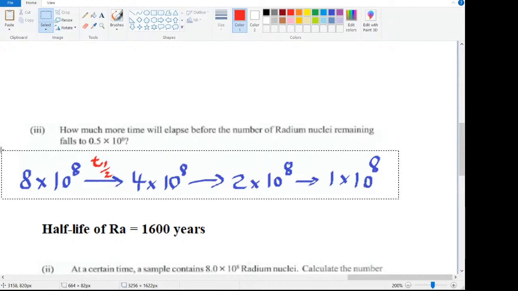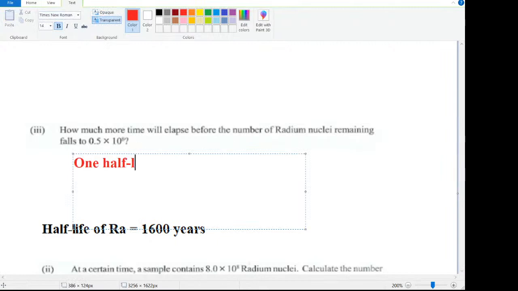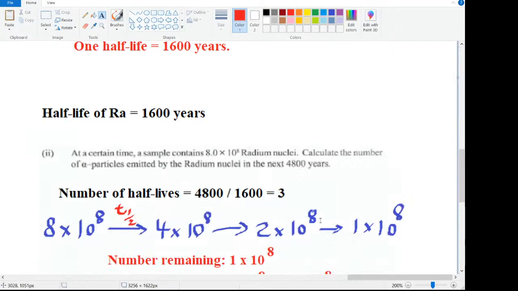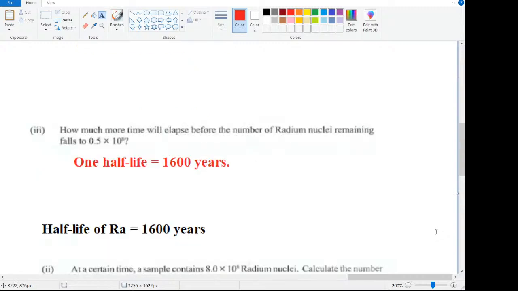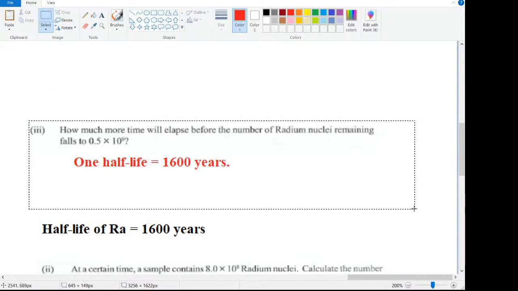I don't think you have to show any working. This could be 1 half-life, which is 1600 years, because after 1 more half-life, it will be 0.5 by 10 to the power 8. This is how much more time, right? So it's 1600 years. It'll be 6400 years total, but they asked how much more time, so it's 1600.